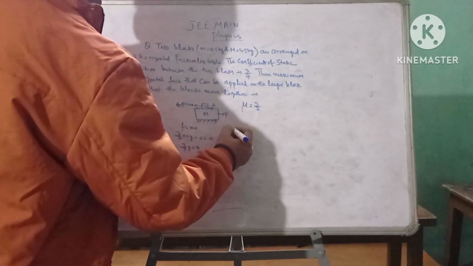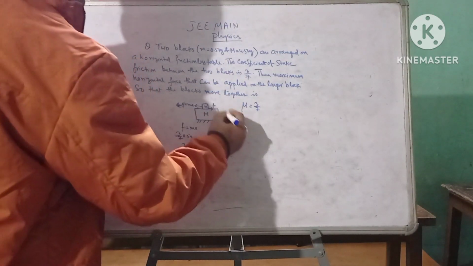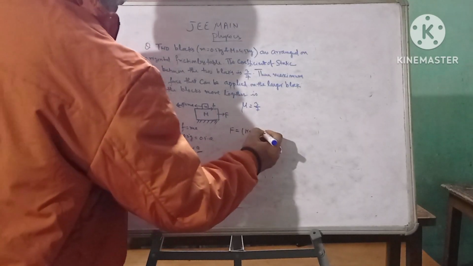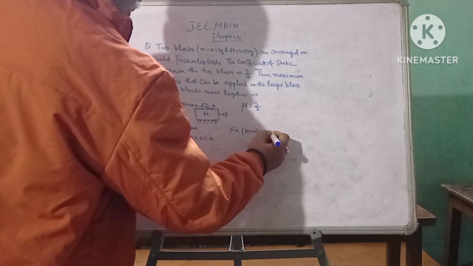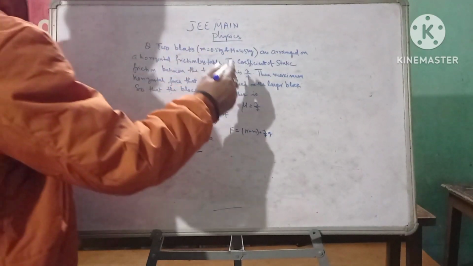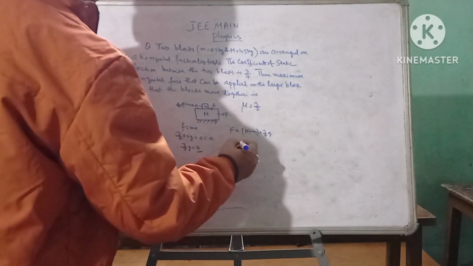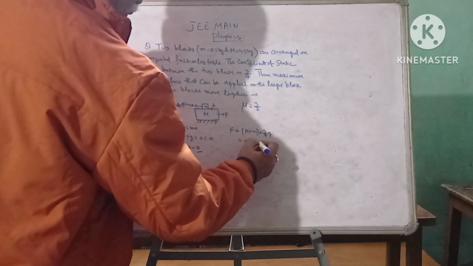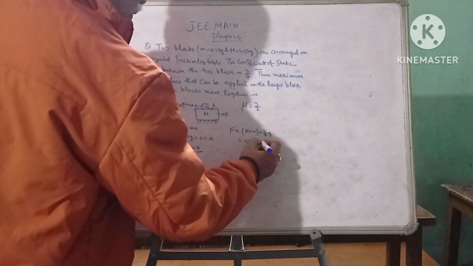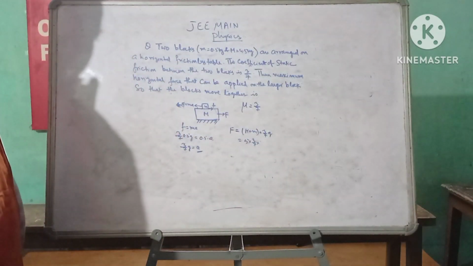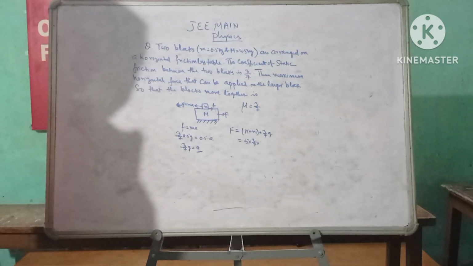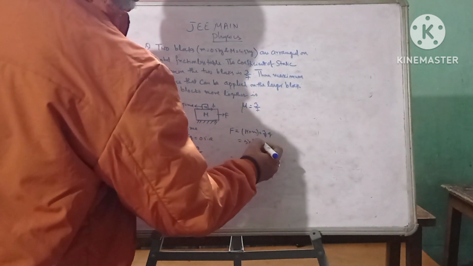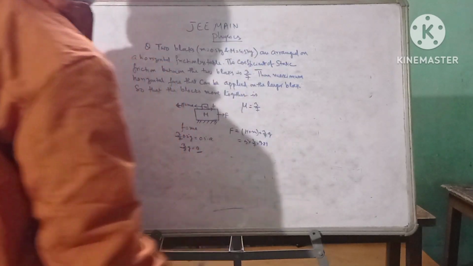Now here this F will be equal to M times a. This is the whole system. So your M plus m, this will be 4.5 plus 0.5, times the acceleration, which is 3 by 7 g. So this will be 5 into 3 by 7 into g, where g is 9.81.